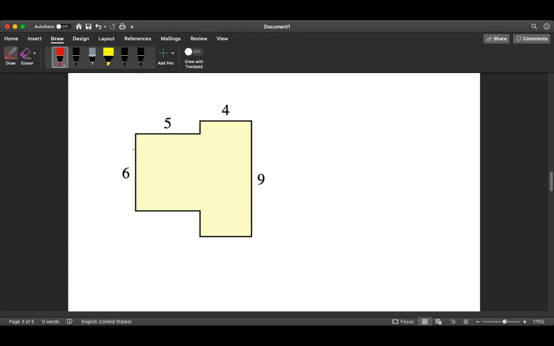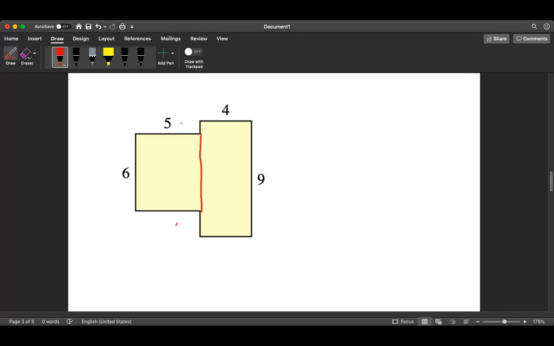So for this particular problem, we again have two rectangles that have been put together to form this area. When I start solving this, I want to think about it as two separate rectangles. So I'm going to draw a line here so that I can see this as two separate rectangles.